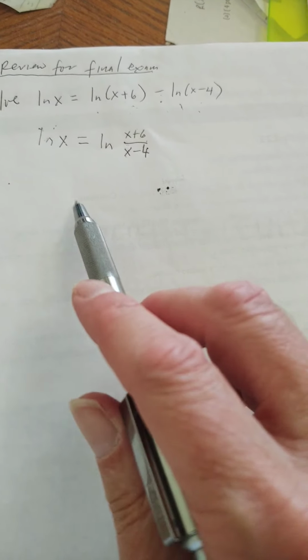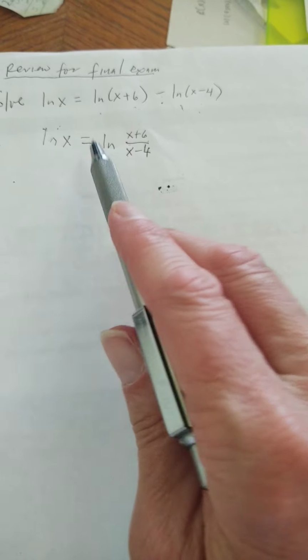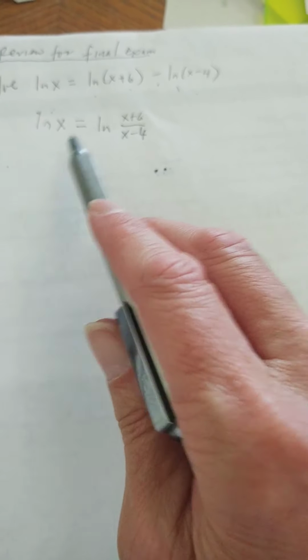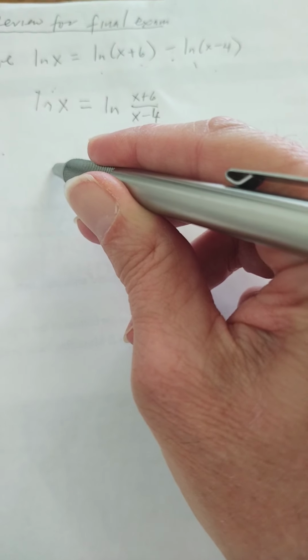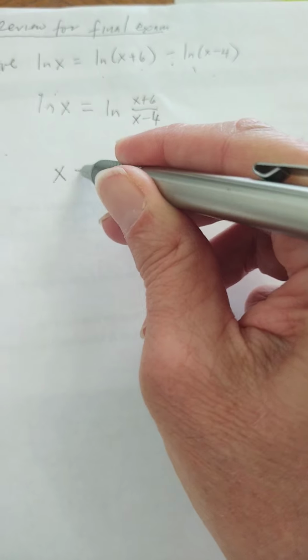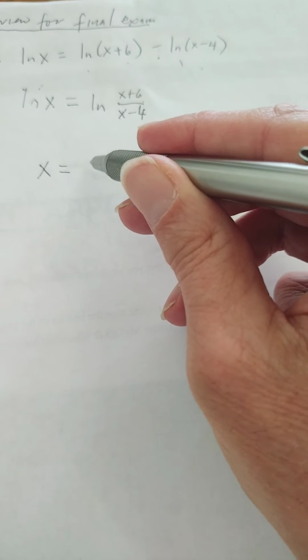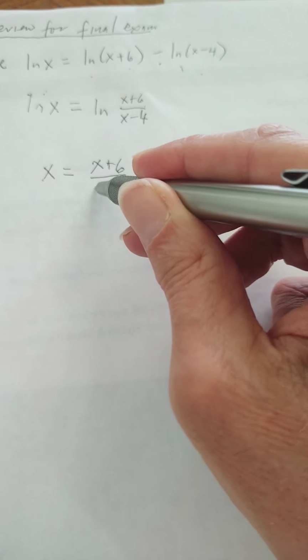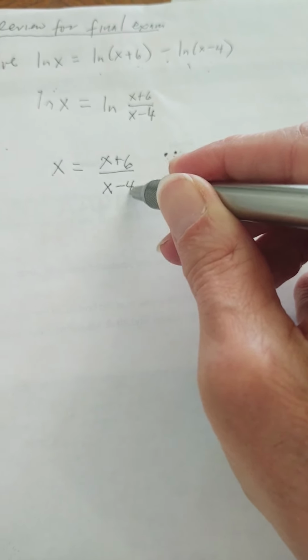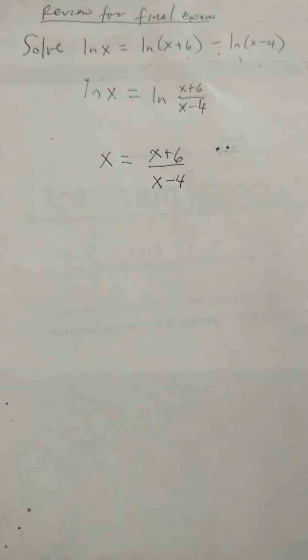Okay, now let's use another idea. If you have the log of a number equals the log of a number, the arguments must be equal. So I'm going to set the arguments equal. x is equal to x plus 6 over x minus 4. Next, I'm going to clear the fractions to solve for x.